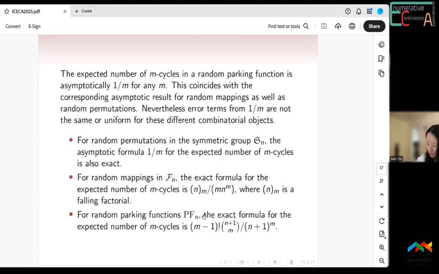Also, for these formulas, asymptotically they are the same as the number of mappings and permutations, but the error terms are different. From there, we can derive a range of probability results. There are also generalized formulas in the combinatorics setting.